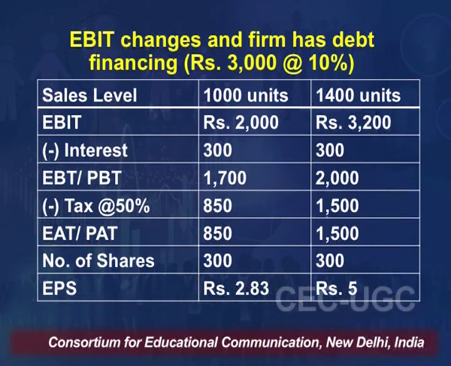We will get earning before tax after deducting interest from EBIT, that is 1700 in case 1 and 2900 in case 2. Out of this value, we will deduct tax which is given at the rate of 50%. So, 850 in case of 1000 units sold and 1450 when we are expecting to sell 1400 units. So, our earnings after tax will be equal to 850 and 1450 in both the cases. Number of shares which are given here are 300 in both the cases, and our EPS will be approximately rupees 3 in case 1, but rupees 5 in case 2.